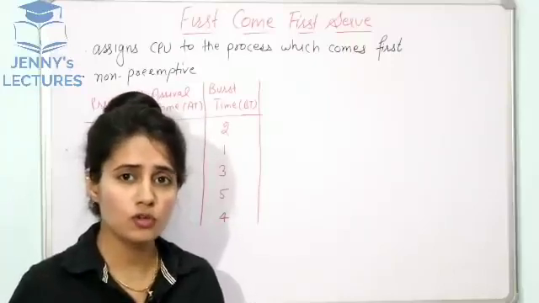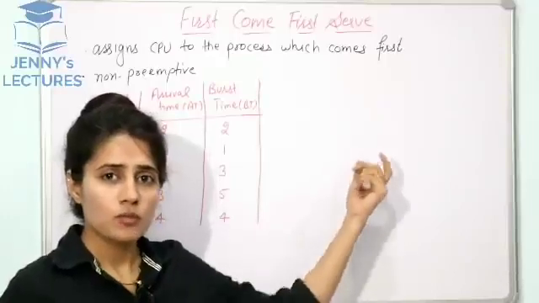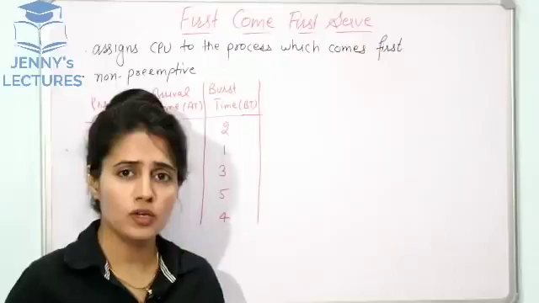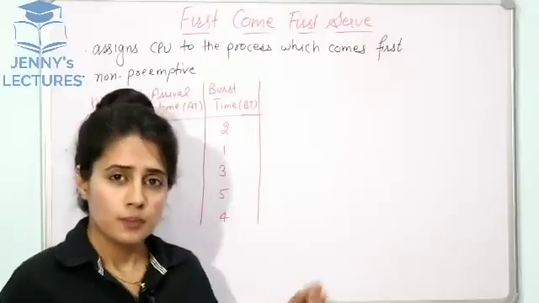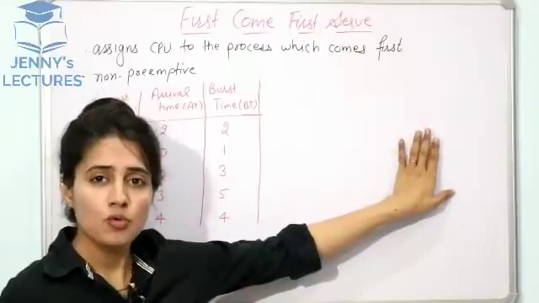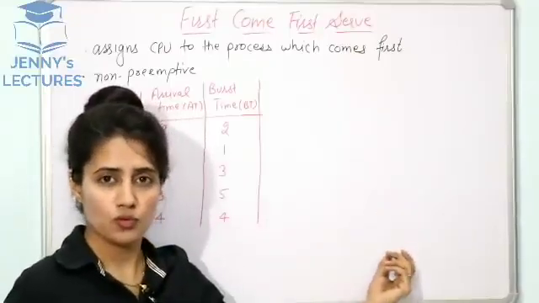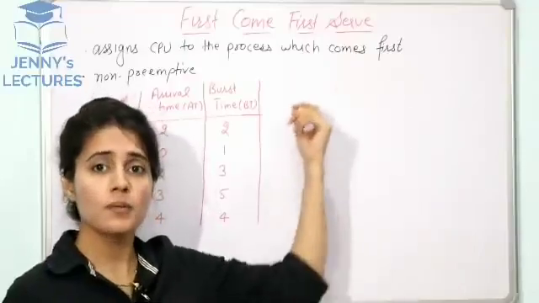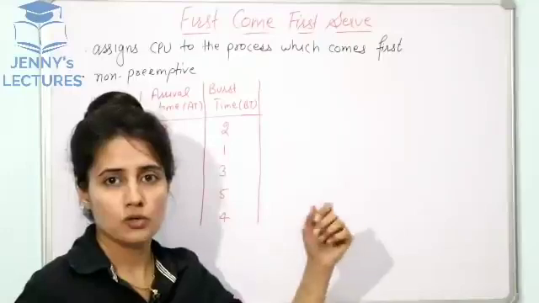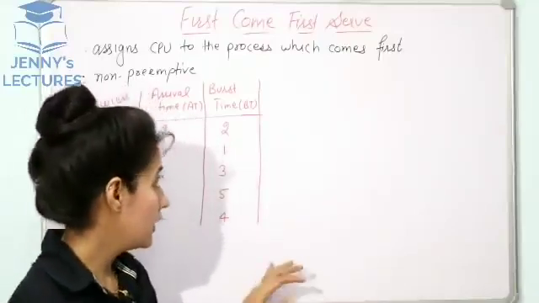The operating system cannot forcefully remove that process from the CPU. But in preemptive scheduling algorithm, the process which is running in the CPU right now can be removed forcefully from the CPU, and then the CPU can be allocated to some other process, maybe based on some time quantum or priority or something like this. We will discuss this in detail later.